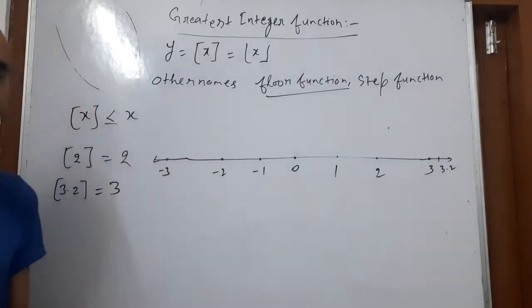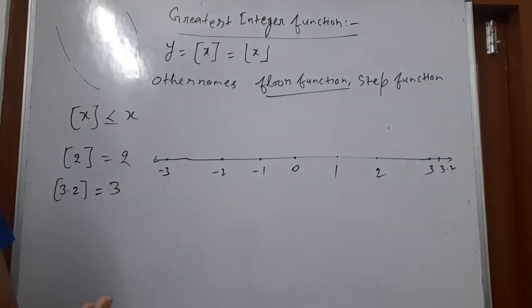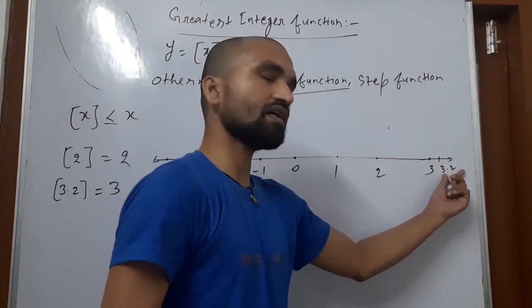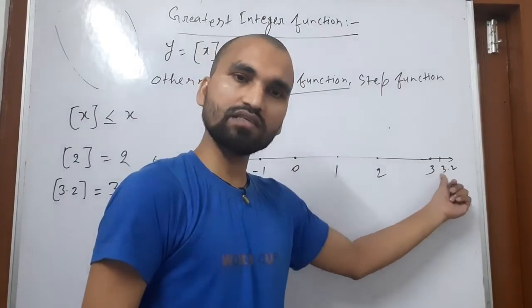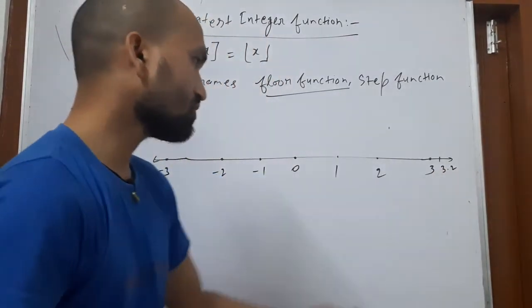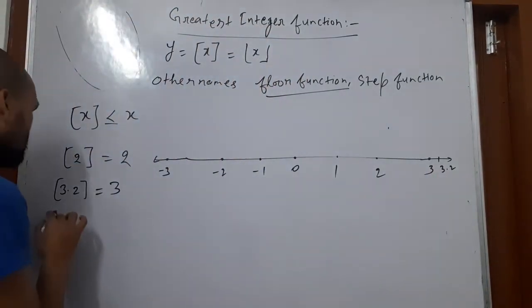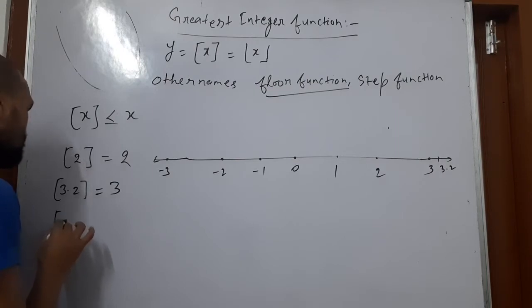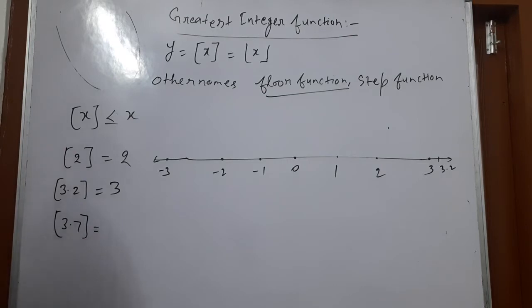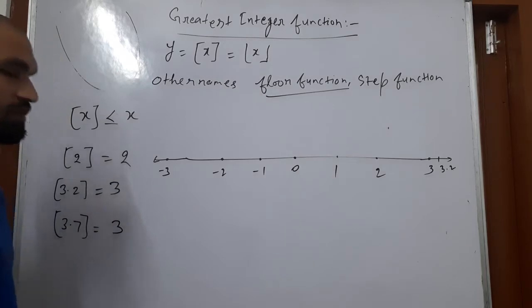In the case of a fraction, always see the nearest left integer of that value, and that is the answer of the greatest integer. So the greatest integer of 3.2 is 3. Similarly, what is the left integer value of 3.7? The nearest is 3. No confusion.